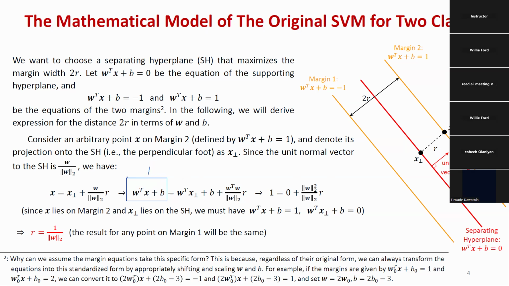Okay, then let's have a look at this side. This side is W^T X per, and the W^T X per must be what? Must be 0. Why must W^T X per be 0?